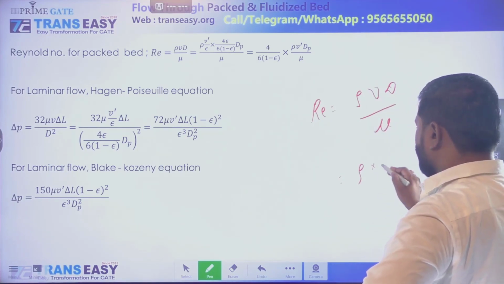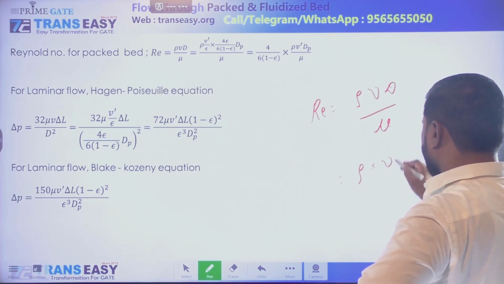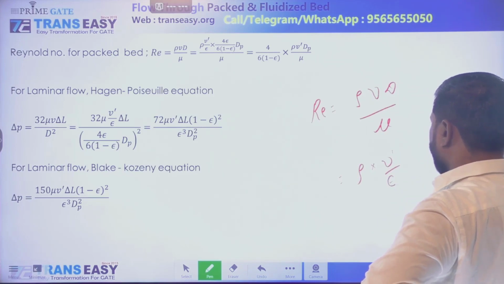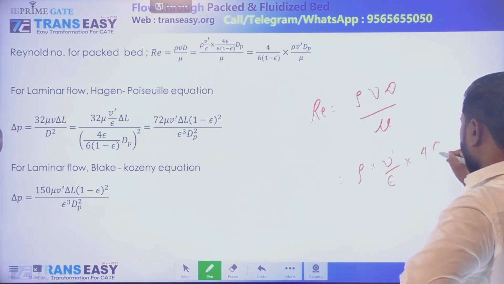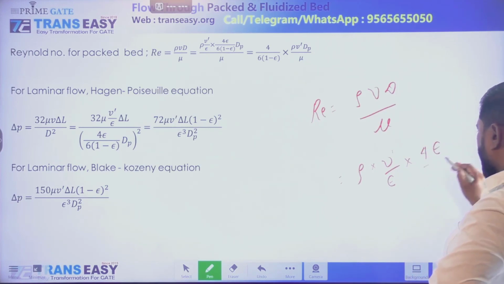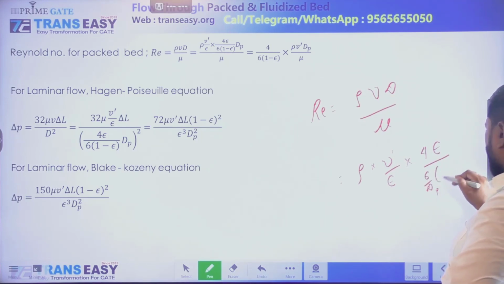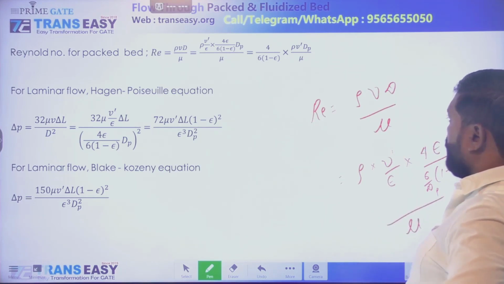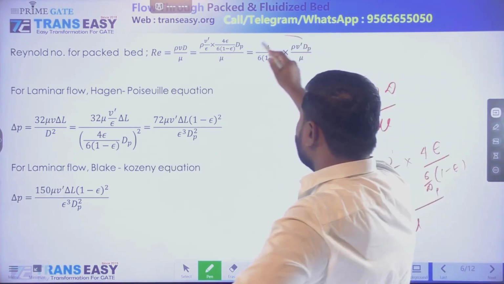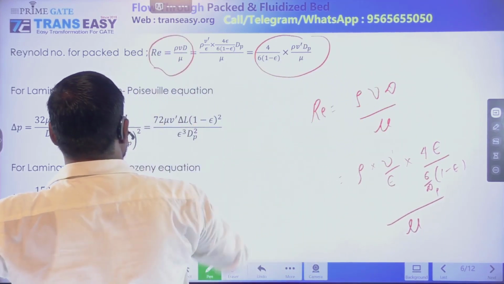Interstitial velocity is superficial velocity based on the cross section of the empty container upon porosity of the bed. Hydraulic mean diameter is 4 porosity upon A, which is 6 upon dp, or AV times 1 minus epsilon, upon mu. So we are not going to memorize this relation because we know the expression of Reynolds number.